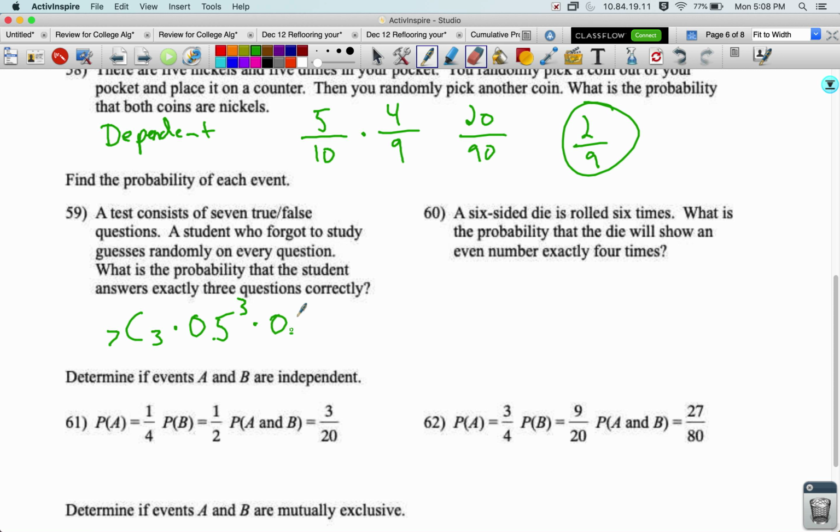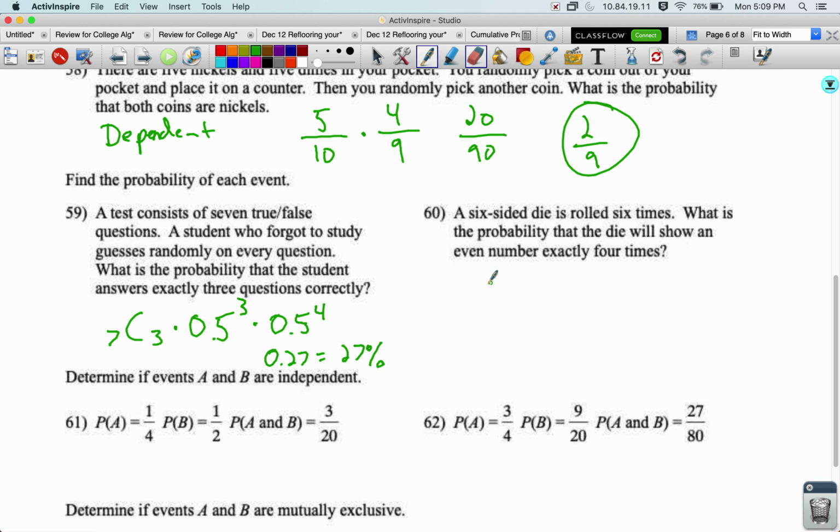And then a 50% chance of getting it wrong, to the power of 4, for the 4 questions you got wrong. Multiply this all together, we get 7 choose 3 times 0.5 to the third times 0.5 to the fourth, which is 0.27, which equals a 27% chance that you get exactly 3 questions correct.